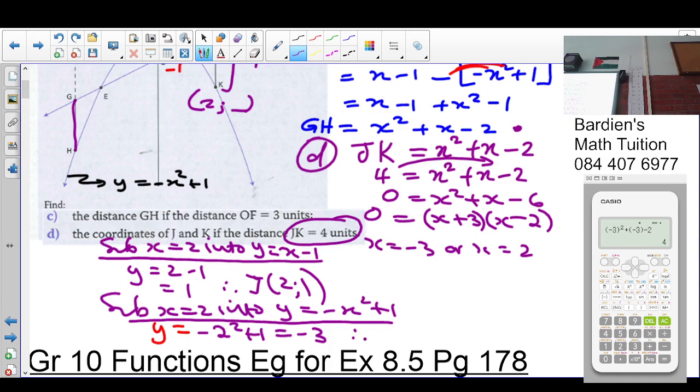So therefore, K will be (2; negative 3). And what is 1 minus minus 3? 4. So the distance is 4.